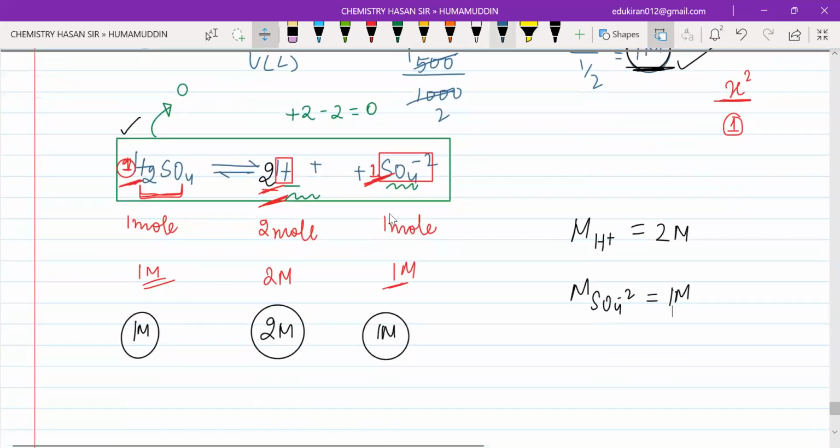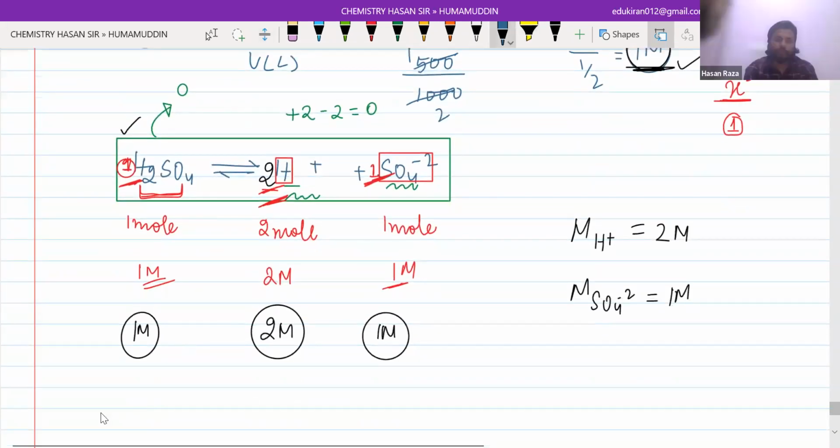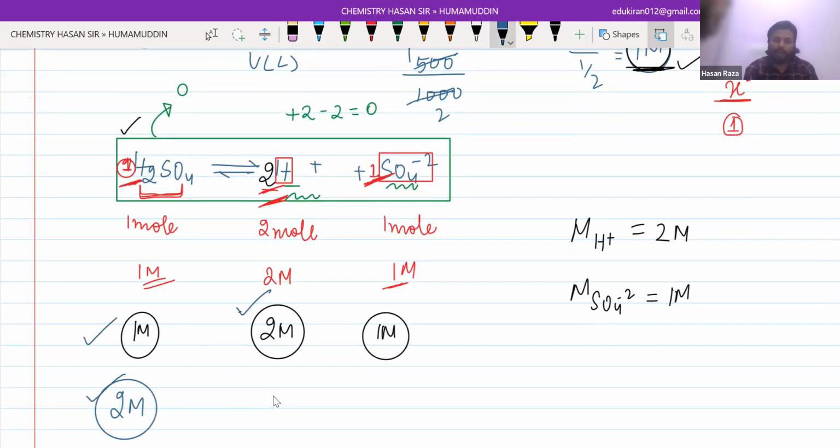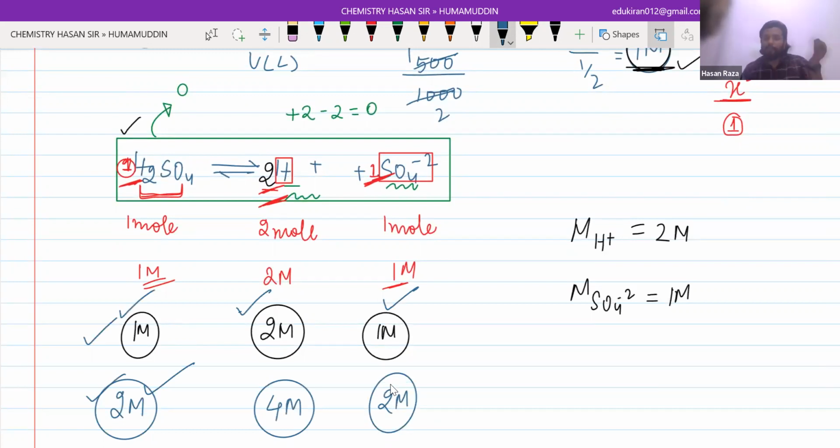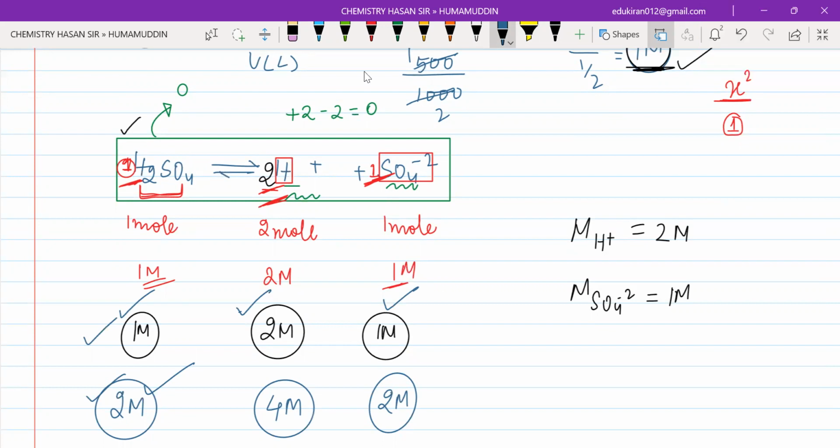If the molarity of H2SO4 is 2m, you can see 1 will give 2, so 2 will give 4m. 1 will give 1, so 2 will give 2 molarity. If the molarity of H2SO4 is 2m, then the molarity of H plus will be 4m and the molarity of SO4 minus 2 will be 2m. Is that clear? Yes, sir. Please do write it.